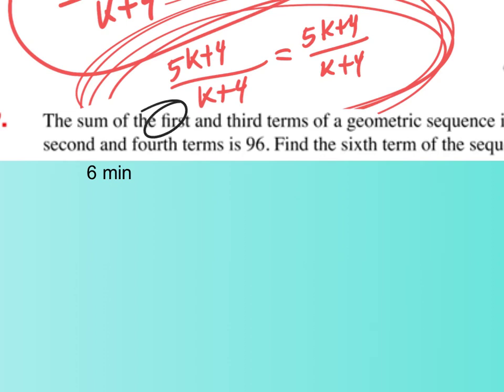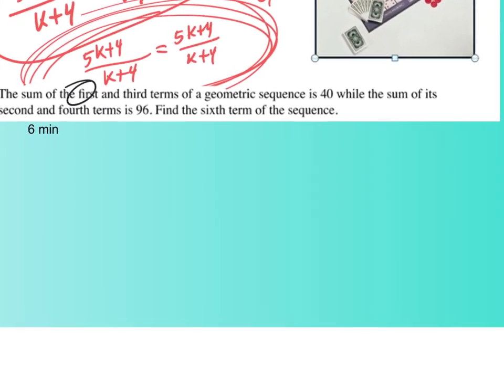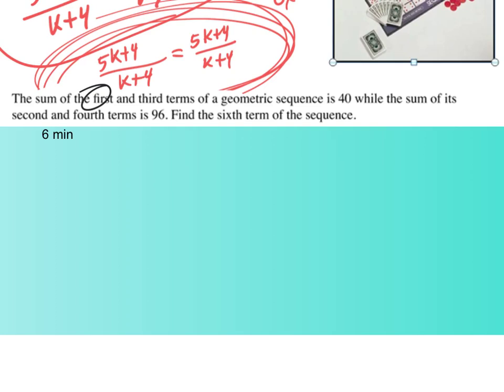What's the first term? So what do I put for the first term? Don't just put x. Hint, a sub 0 is what we always call the first term. And what's the third term called?